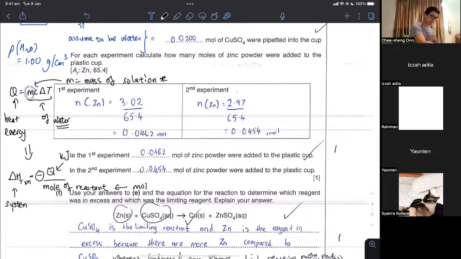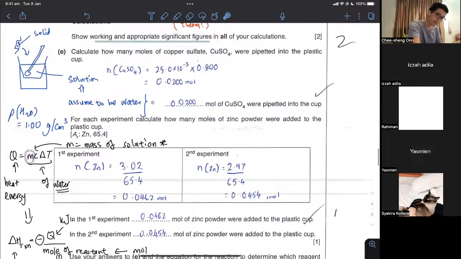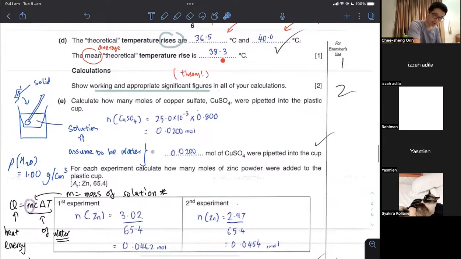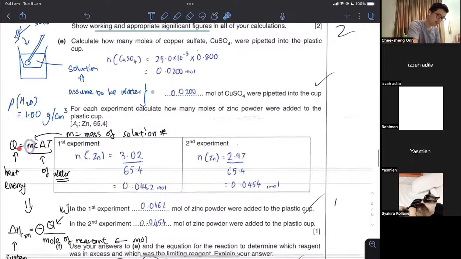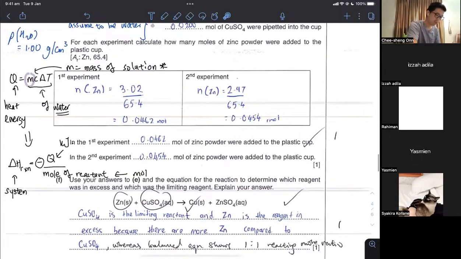This thing will be minus, because if your delta T is positive, that means your reaction is exothermic. Temperature increases. If Q is positive, then the delta H will be negative times positive, which is negative, because it will be an exothermic reaction. Delta H must have sign, value, and unit. Sign, value, and unit. Something for you to think about.